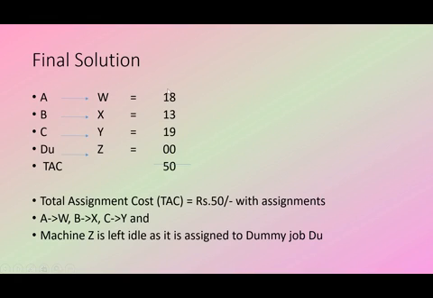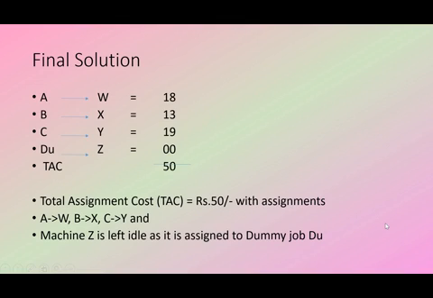So the total assignment cost, sum of all this is 50. So the total assignment cost is rupees 50 with assignments A to W, B to X, C to Y, and machine Z is left idle because it is assigned to dummy job DU.